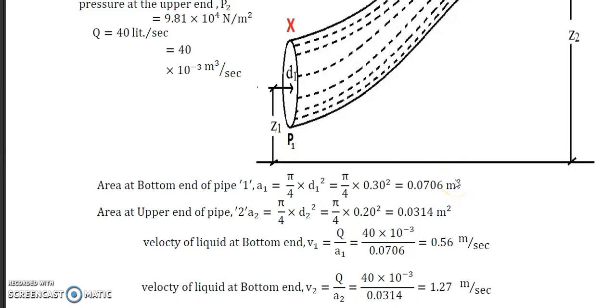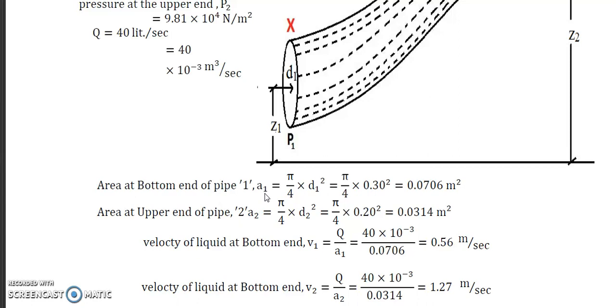Like that you have to calculate the area at the upper end, that is A2 is equal to pi by 4 d2 square, that is pi by 4 into 0.20 square, that will come, if you calculate, you will get 0.0314 meter square.